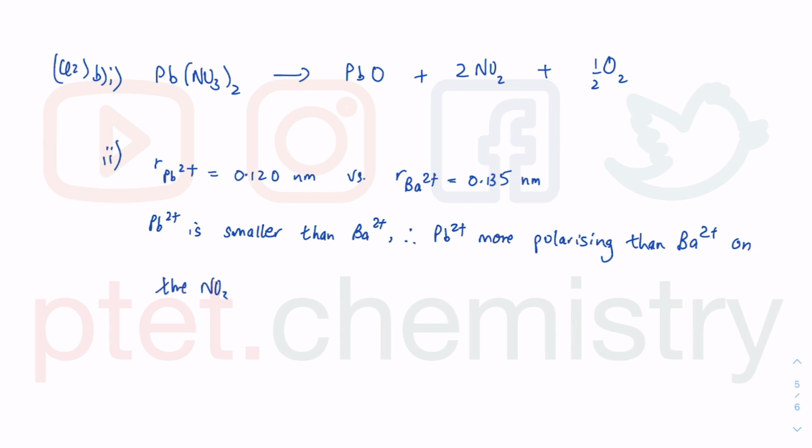So if it is more polarizing on the nitrate, therefore Pb(NO3)2 is easier to decompose, because based on the previous explanation, if you are more polarizing on the anions, the N-O bond is more weakened, so the lead nitrate is easier to decompose than the barium nitrate by using the data booklet.